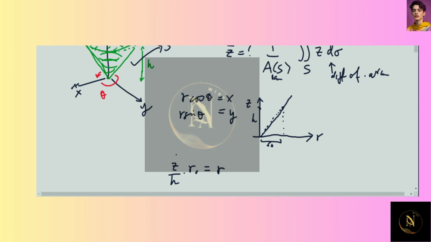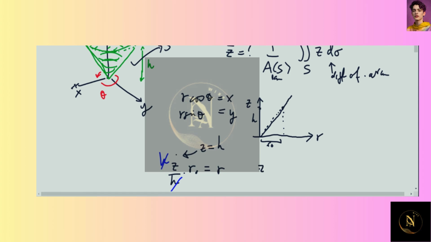So if you plug in z equals h, the h cancels with the h, and then r is going to be equal to r naught.